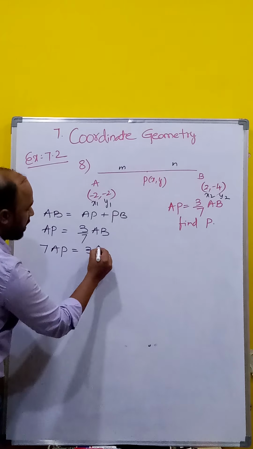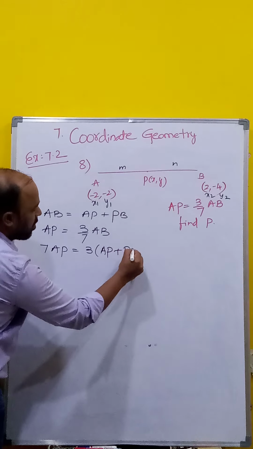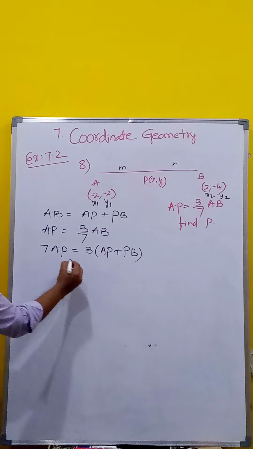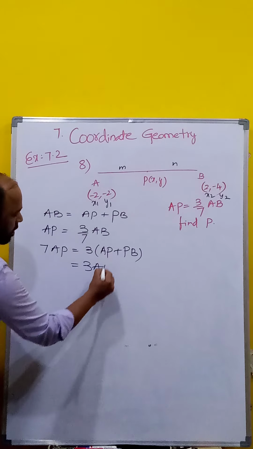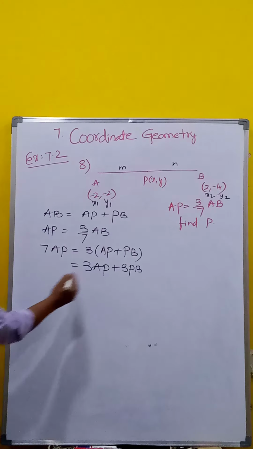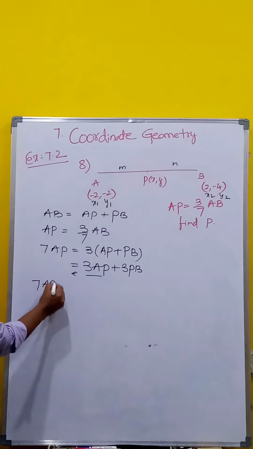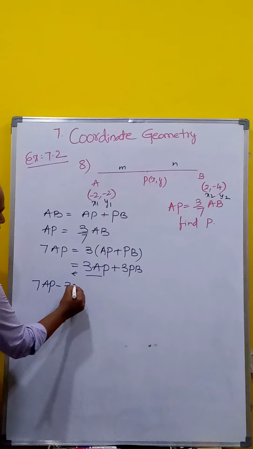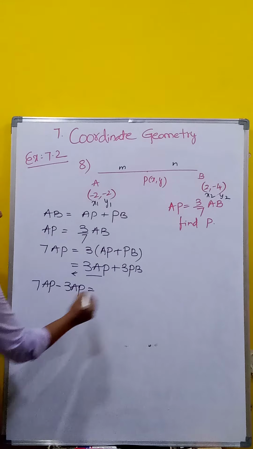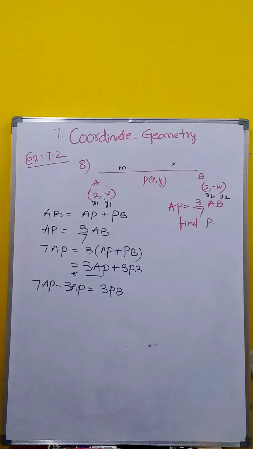What is the AB value again here? We know AP plus PB. Multiply: 3AP plus 3PB. This 3AP transpose to the left side: 7AP minus 3AP is equal to 3PB. Clear? 7AP minus 3AP, what is the answer?